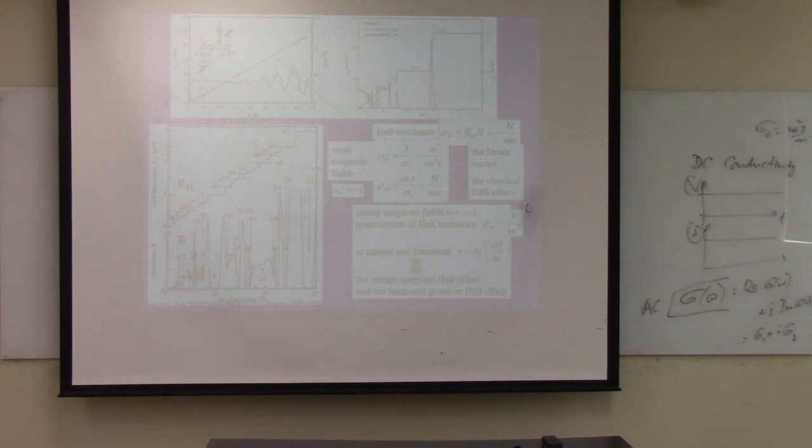N E squared tau over M times 1 over 1 plus omega squared tau squared plus I times omega tau over 1 plus omega squared tau squared. That's it. Because sigma omega is given as this. This is the AC conductivity.